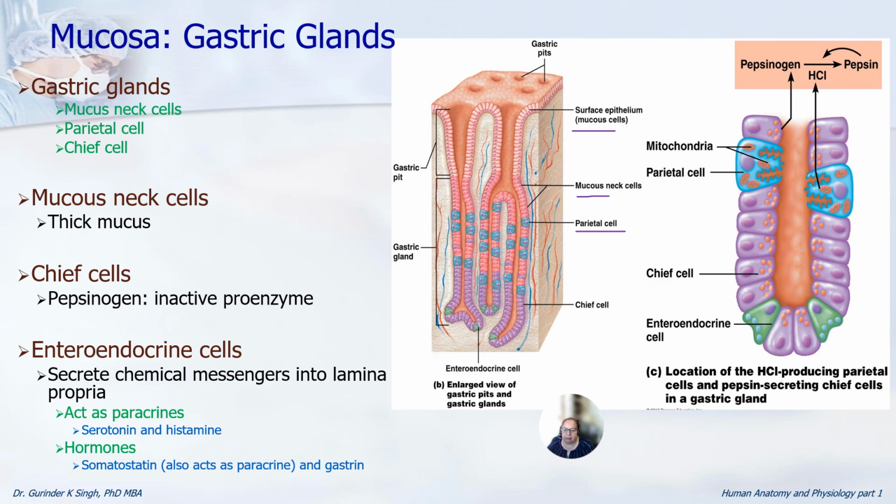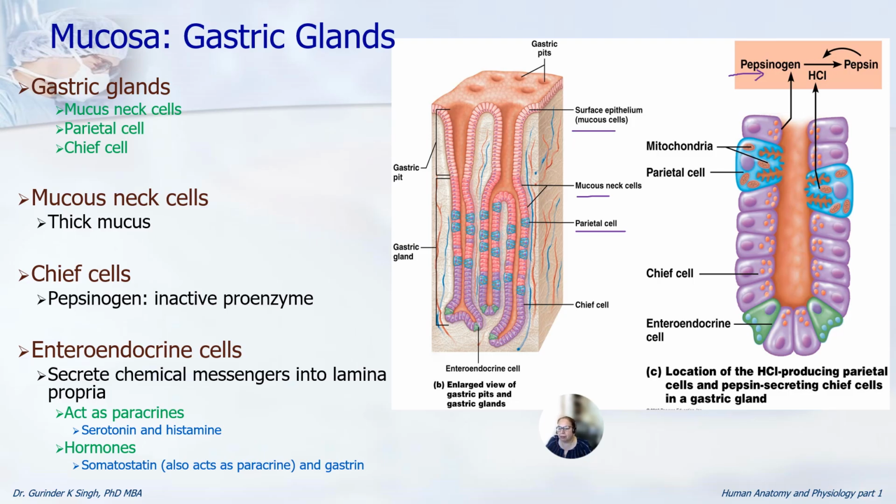The parietal cells actually produce what? They are going to produce HCl or acid. Then you have the purple color cells, which are called the chief cells. The chief cells produce pepsinogen.